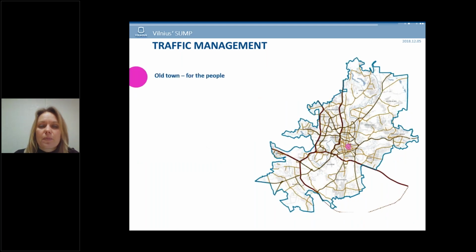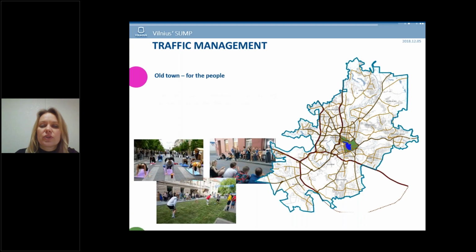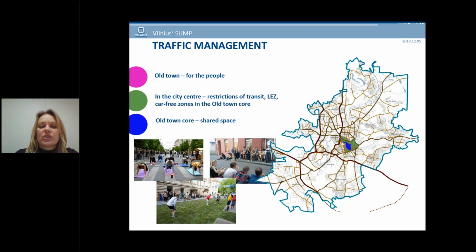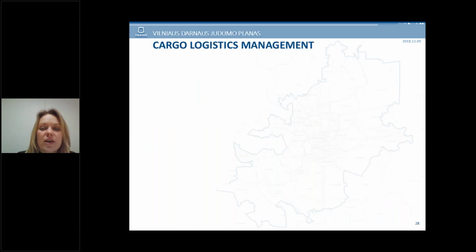Further, we suggested, of course, restriction of transit in the city center; various schemes were suggested. Also, we suggested the boundaries for low emission zones. We suggested which zones should be car-free zones from now on, and which zones should be shared spaces, and everything has spatial localization, as you can see, but not in great detail.